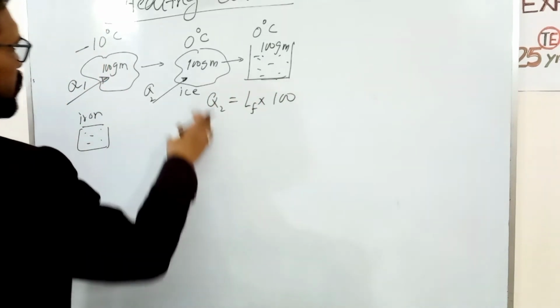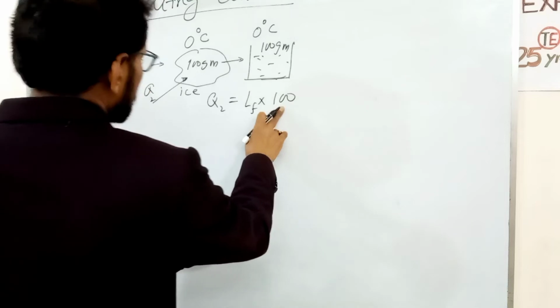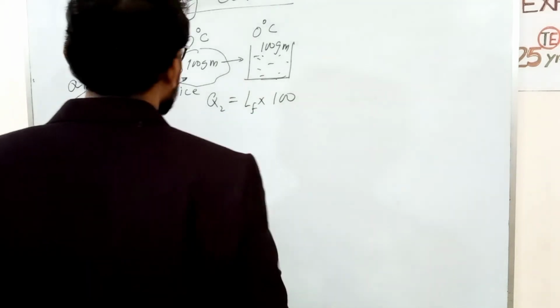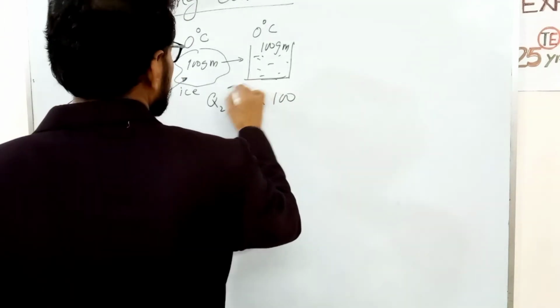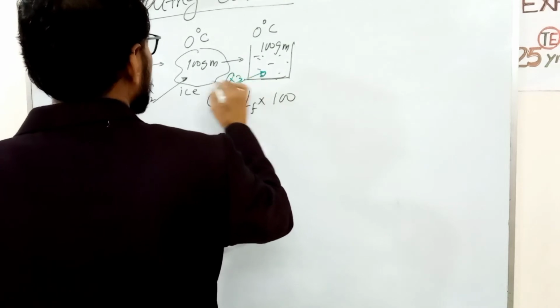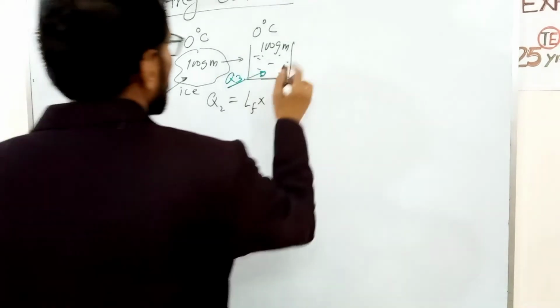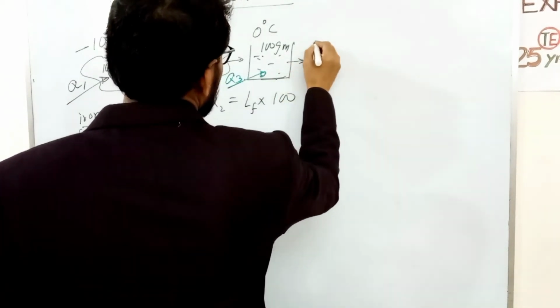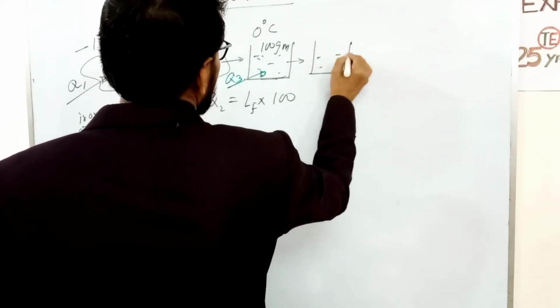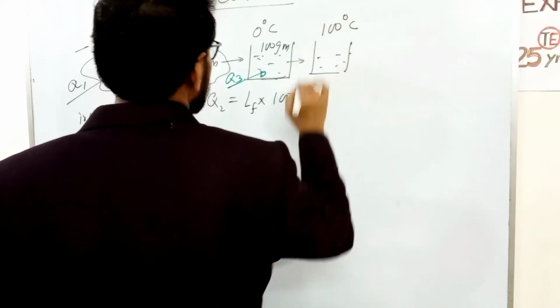Latent heat of fusion into mass equals Q2. Now if some amount of heat is supplied here, then the temperature of this water rises to 100 degree centigrade.